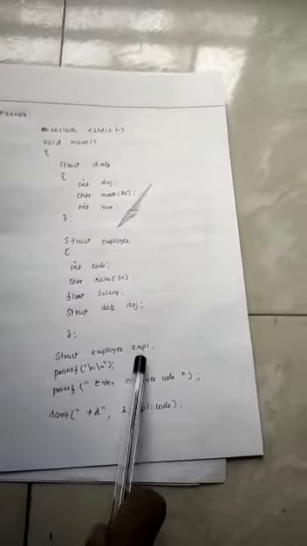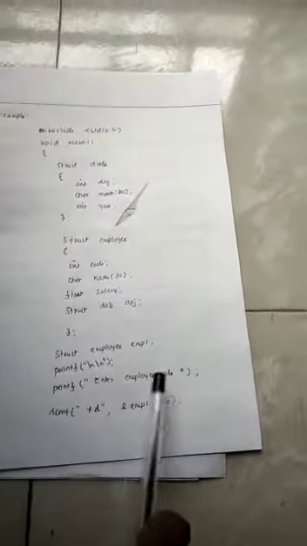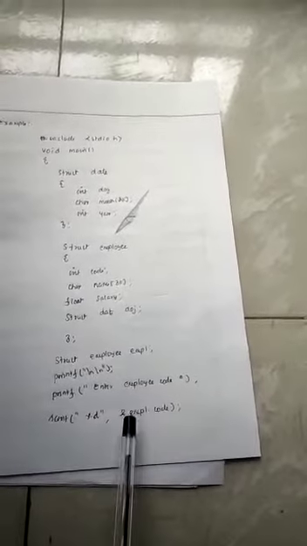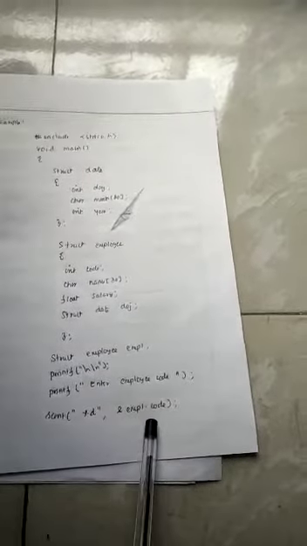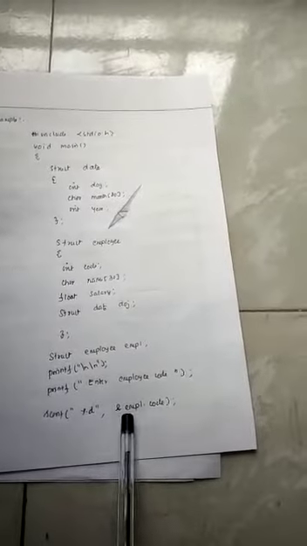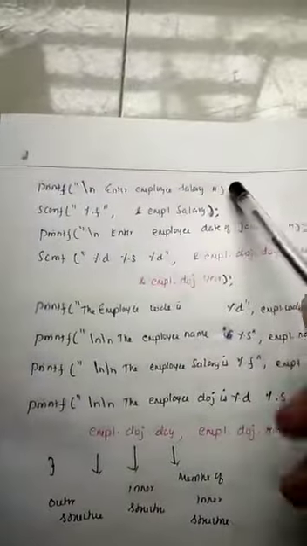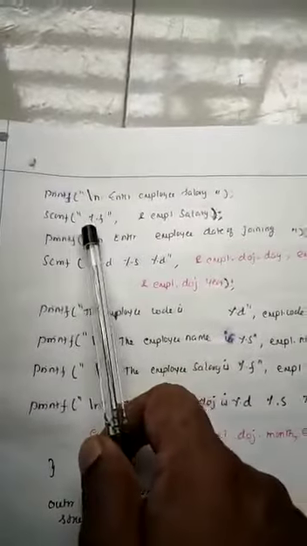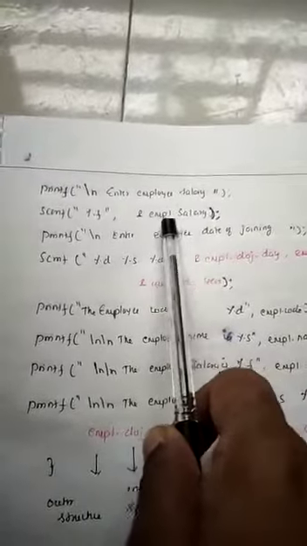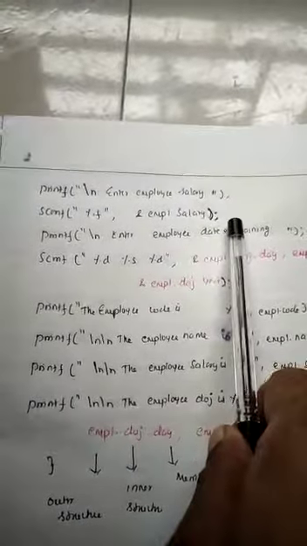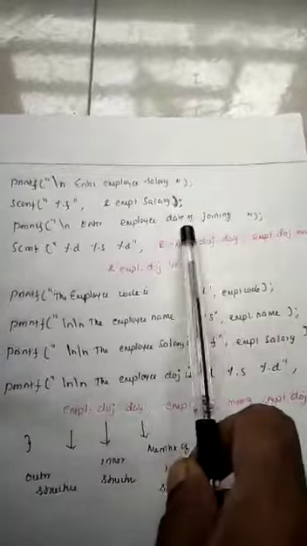Struct employee variable emp1 is created. Enter the employee code. We know how to read a member of the structure: name of the structure variable dot member variable. emp1 dot code is specified. Then enter the salary. It is a float, so percentage f, ampersand, name of the structure variable dot member variable. Again, enter employee date of joining.